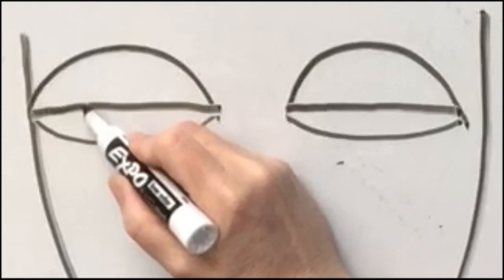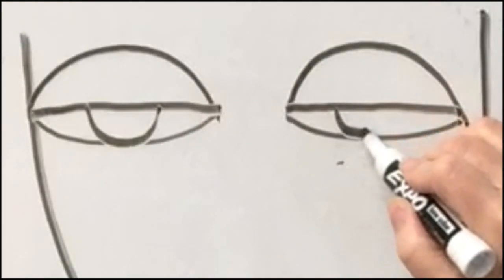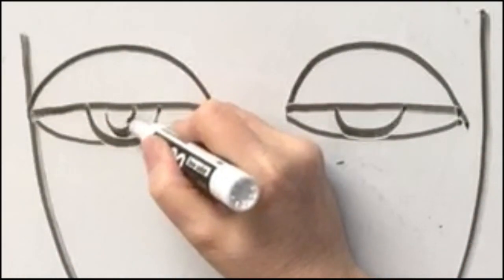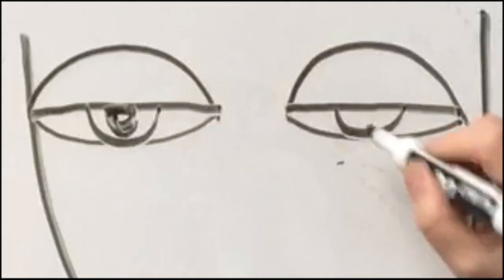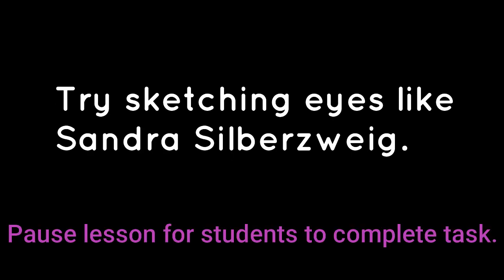To finish the eye, she does a half circle and a smaller half circle for the pupil. She might leave a little white in those little pupils. Now you try it in your sketchbook. Pause the video for students to complete the task.